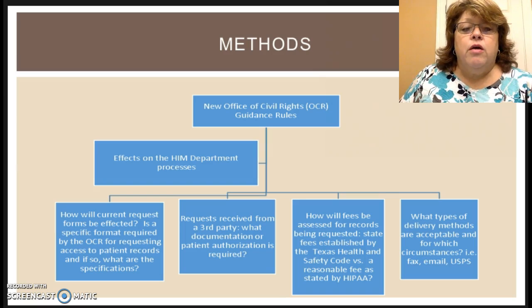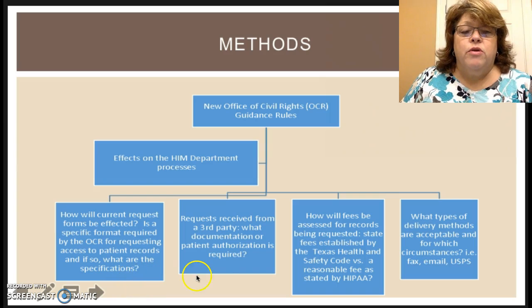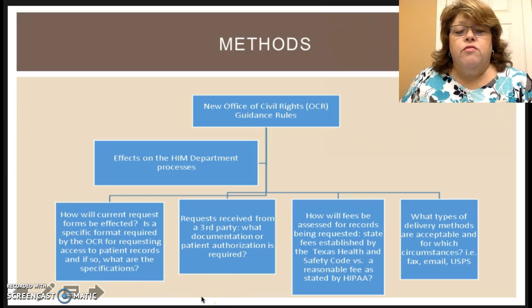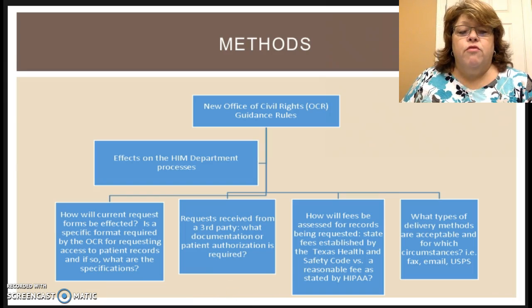I gave a little copy within my paper of the model that I used, talking about the Office of Civil Rights and some of the effects on the HIM department. It goes on to cover some of what I've already spoken about: the forms that we use, fees to be charged, how to differentiate the different types of requests from one another, and the methods of delivery for our records.